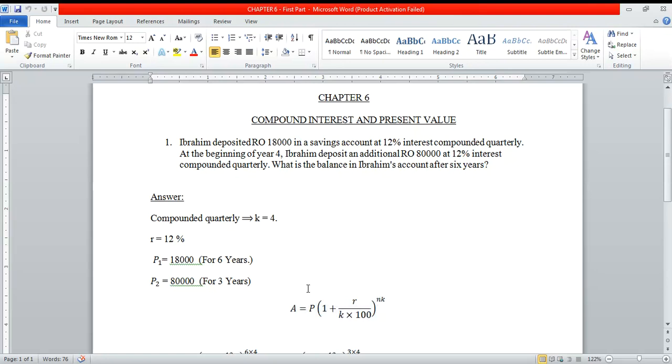In this question, we have two principals, P1 and P2. So we have to find the total amount for the first principal, for 6 years, and the total amount for the second principal, for 3 years. Adding these two amounts, we will get the total amount.